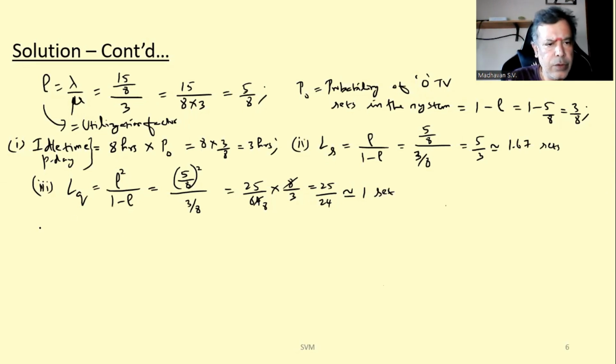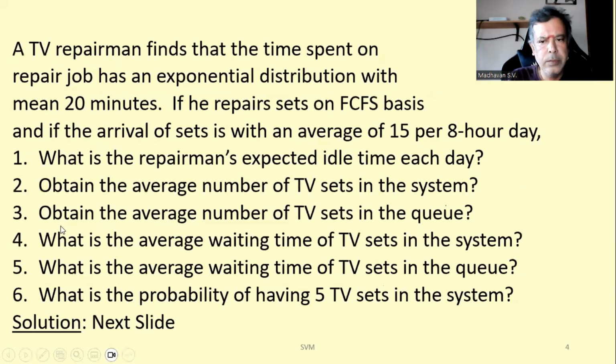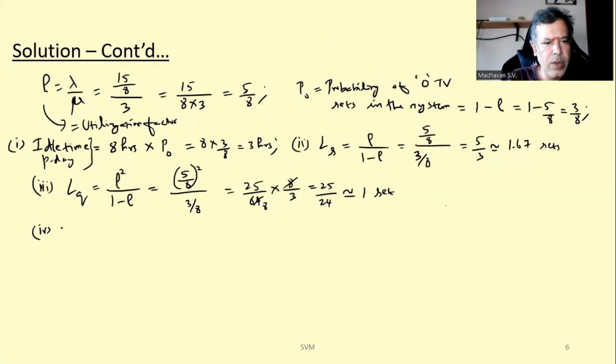Then the fourth question. What is the average waiting time of TV sets in the system? Means we need to find out W suffix S, average waiting time in the system, which is 1 divided by mu minus lambda, means service rate minus arrival rate. 1 divided by, we already know service rate is 3, arrival rate is 15 by 8.